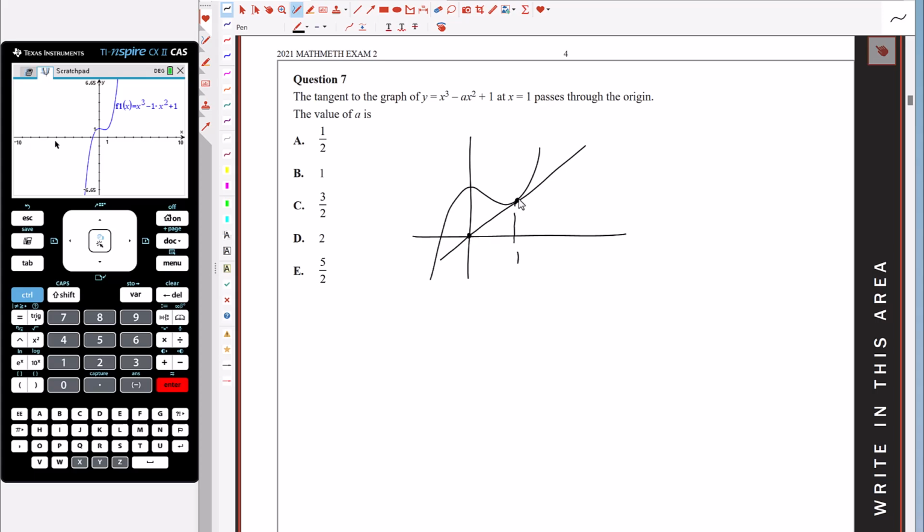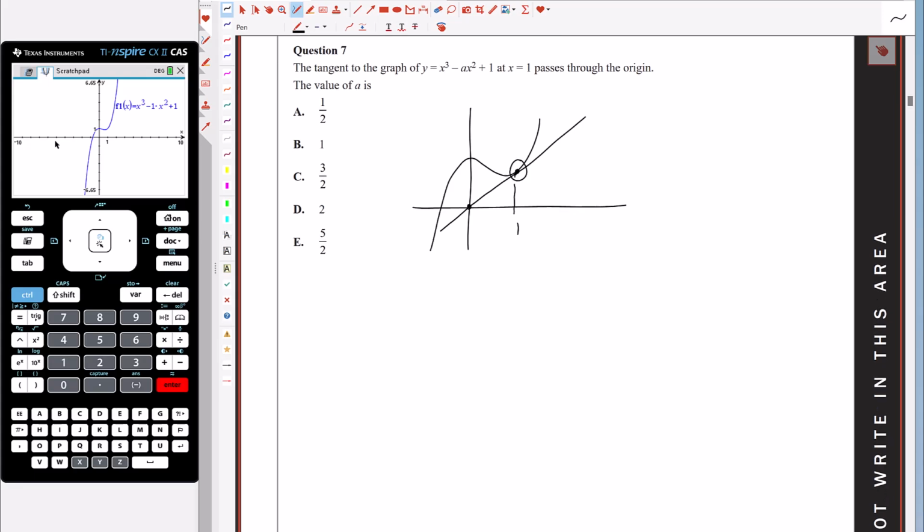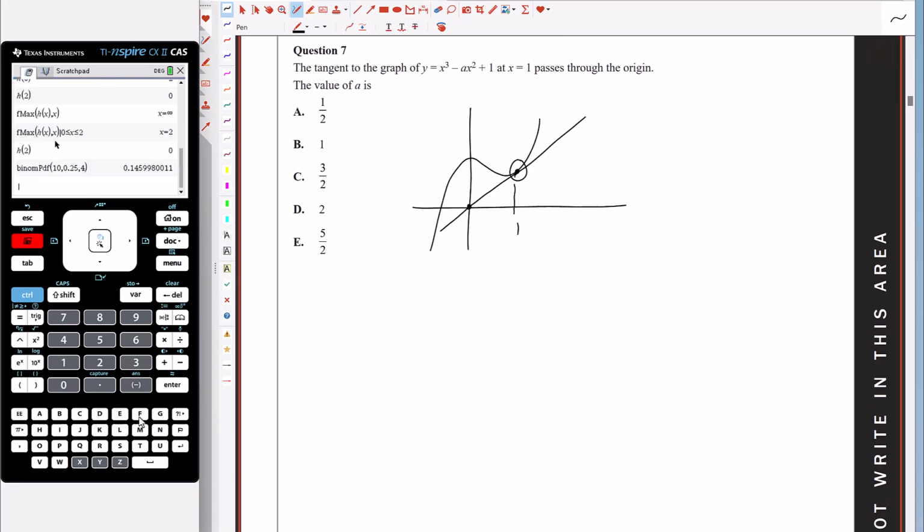So what that means is, if we work out the coordinates of that point, if I substitute 1 into this function, f1 of 1, it's 1, so that's the point 1, 1. And we know the origin is the point 0, 0.